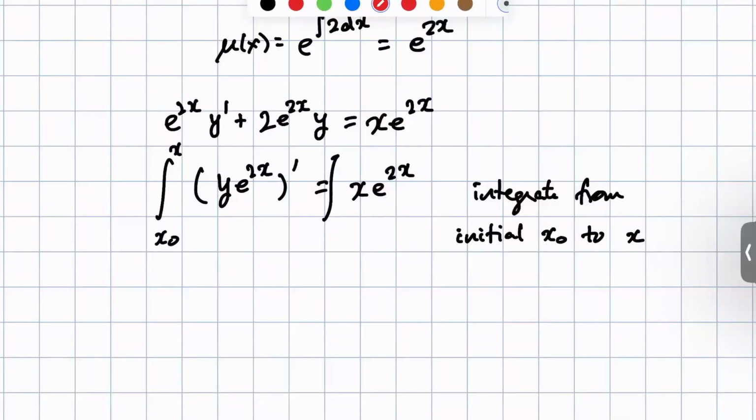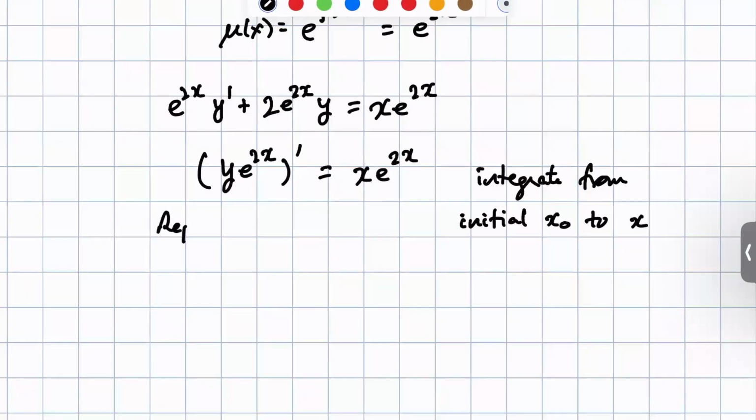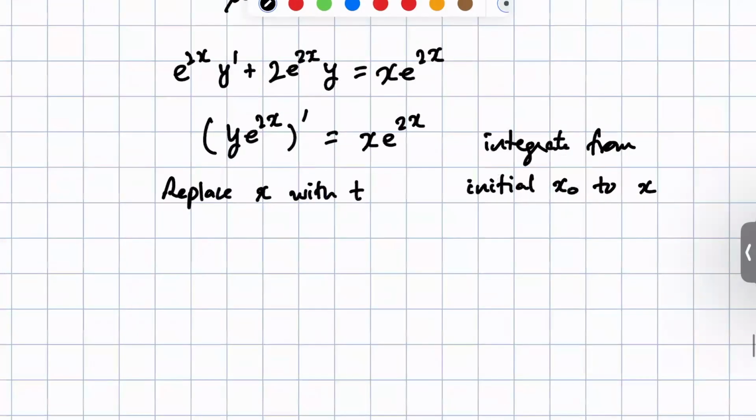So what I want to do is change this problem to just replace x with t, and in addition, I want to be a little bit careful. So let's replace x with t: t e to the 2t, and then I have here e to the 2t.